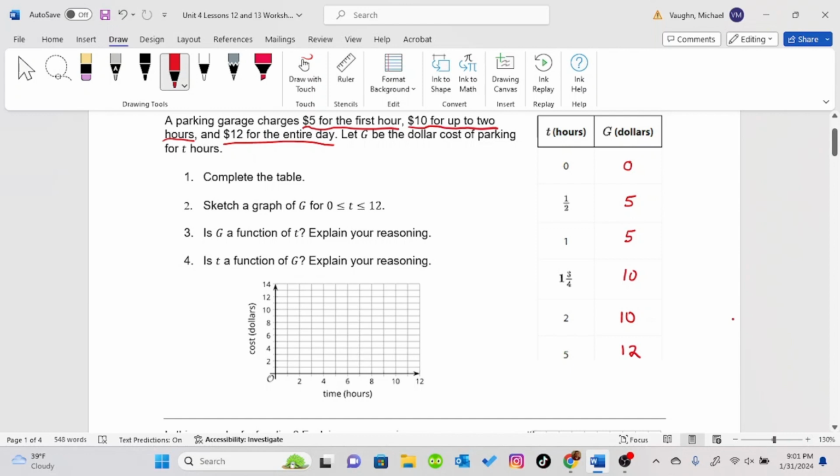Number 2, sketch a graph of G for 0 is less than or equal to T, which is less than or equal to 12. So one thing to remember, a hollow circle means not included.